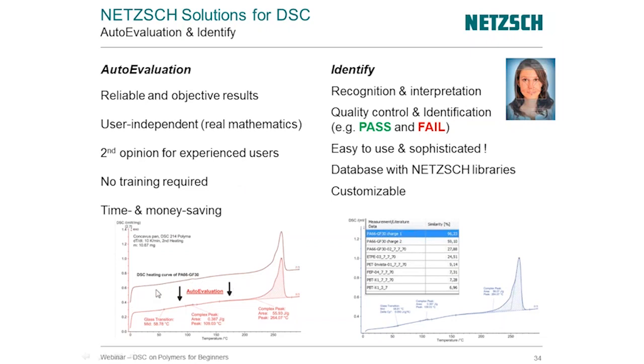So you see here's a DSC heating curve of nylon 6.6 glass filled, and with a push of a button, we got an automatic evaluation of a glass transition, a peak here, and then also the melting point of the material. So that's really neat. No training, operator independent. And then also what's new in the area of DSC is identify. And there's really never been anything like this.